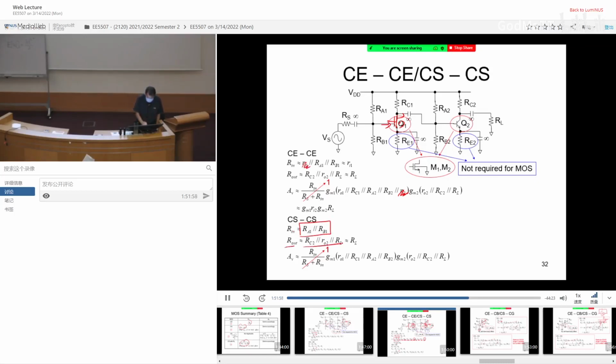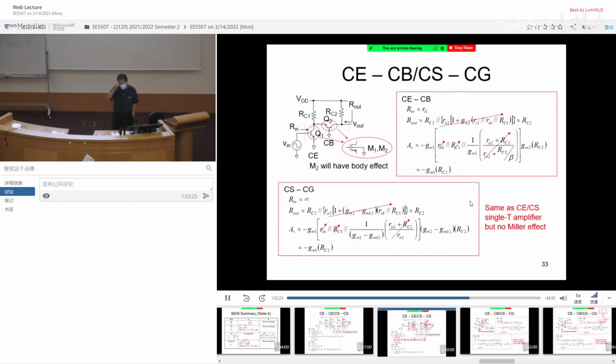The output is still the same because the MOSFET also has output resistance. And then for the voltage gain, you have the voltage divider followed by a current source and then followed by this resistance, looking 360 degrees. The only thing is you remove the RPI, and then another current source followed by this resistance, 360 degrees.